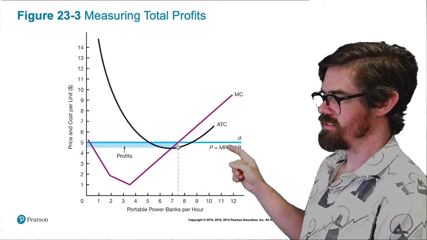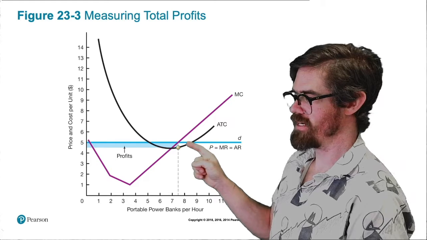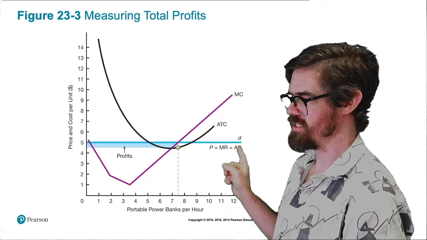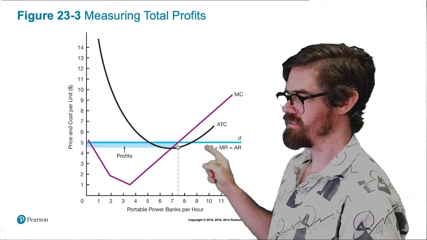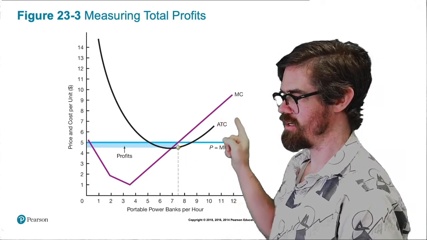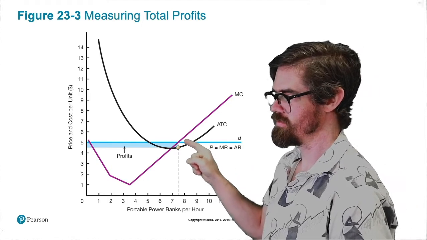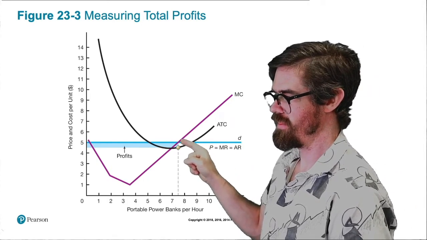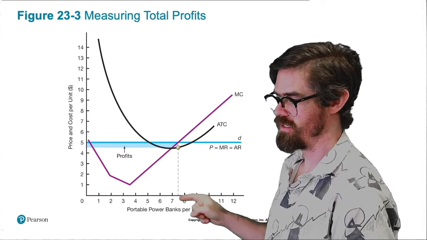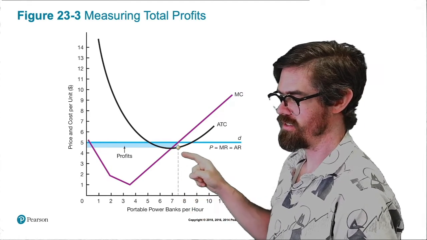And of course, the firm is maximizing profits by finding where its marginal revenue curve, which is the demand curve in this case, equals marginal cost, right? So where does marginal cost equal marginal revenue? It's right there where they intersect. That tells the firm how much to produce in order to maximize profits. So it's going to produce 7 units.